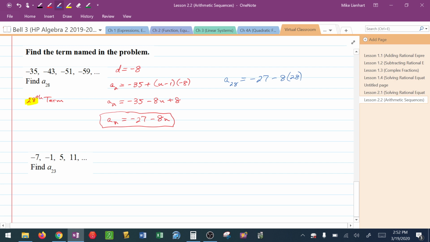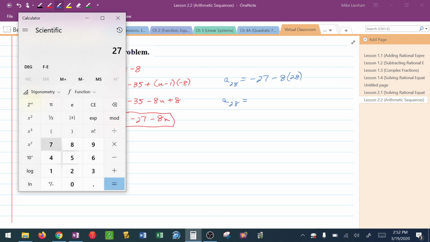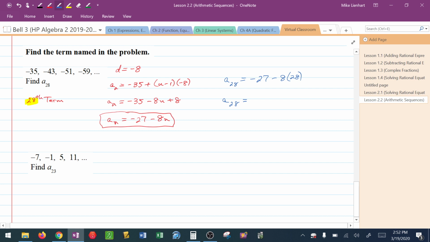All right? From here, I'm going to grab a calculator and have the calculator help me do the work now. So I have negative 27 minus 8 times 28, which tells me the 28th term was negative 251.